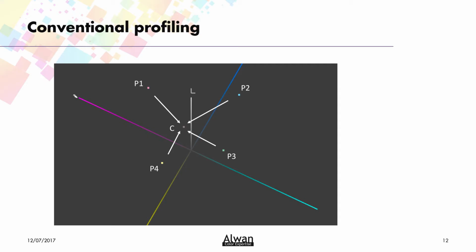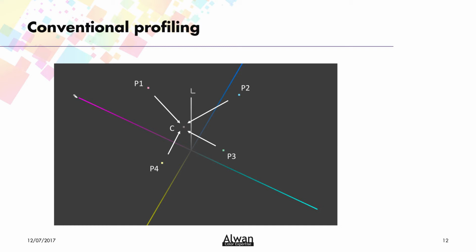This is an illustration of a color, C, for which we need to calculate the Lab color value, whereas in the test chart, in the IT8, I have samples P1, P2, P3, P4.